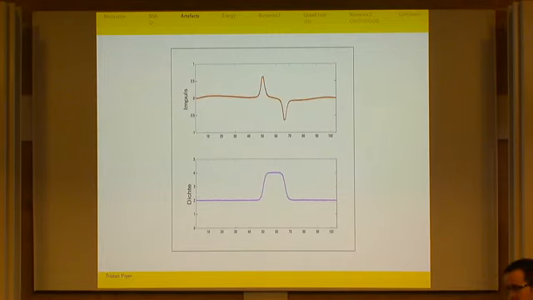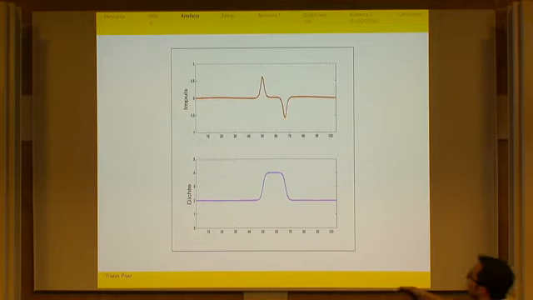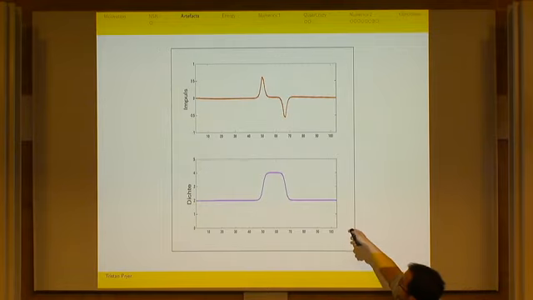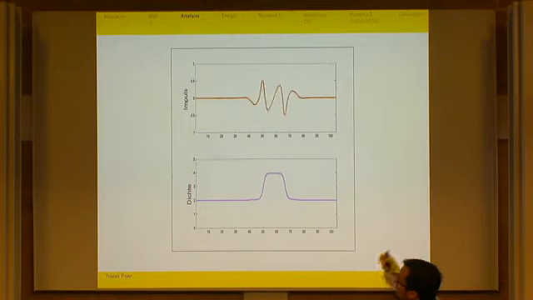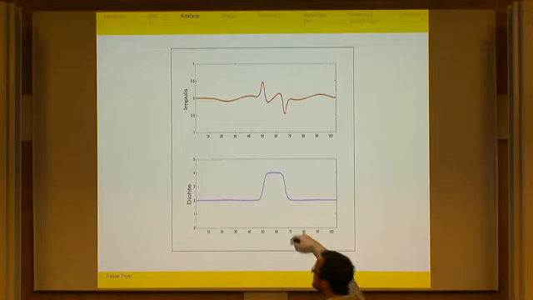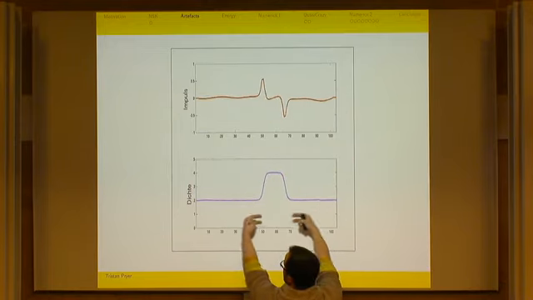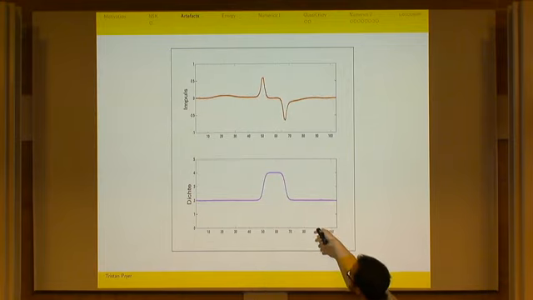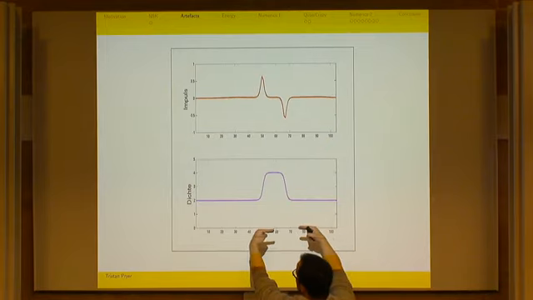If you remember the Euler-Lagrange equations from a couple of slides ago, I want the velocity to go away in the steady state. That's how things should be, but it doesn't go away. What's happening is that the fluid is pushing in at the interface on both sides of the interface. Here and here, we're pushing in this direction.